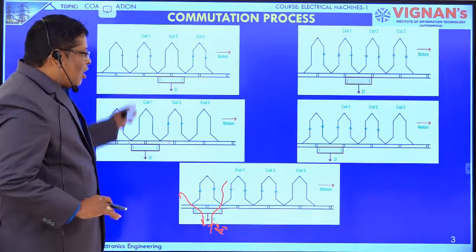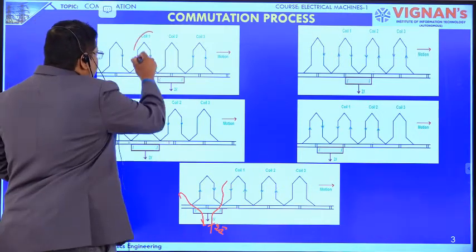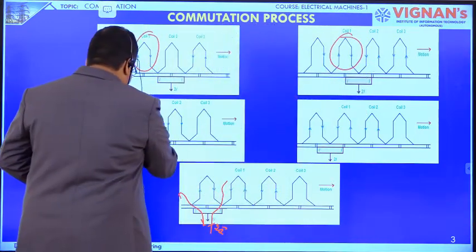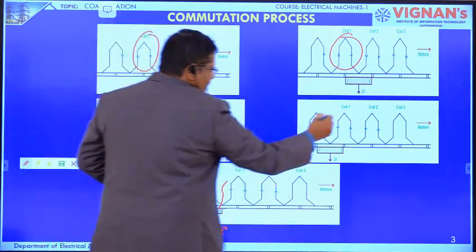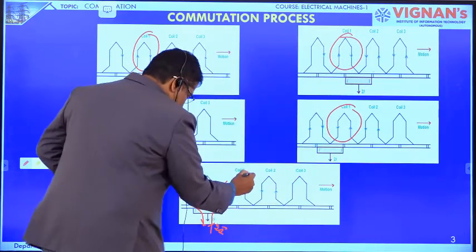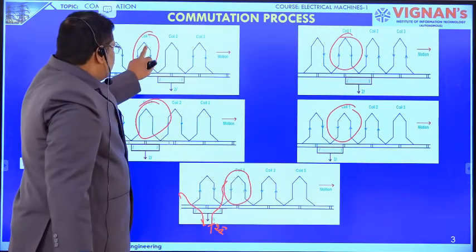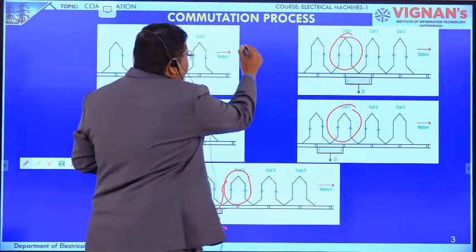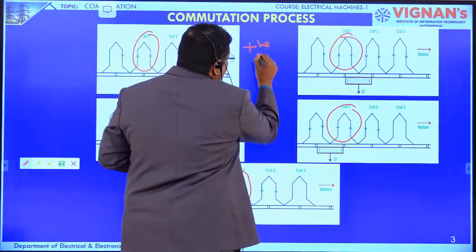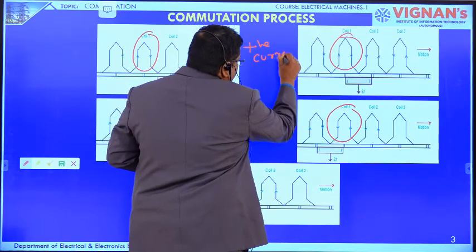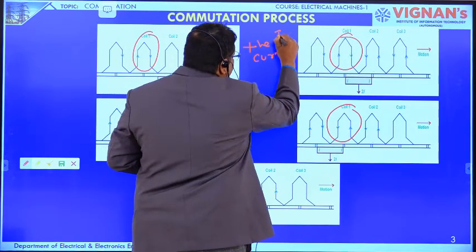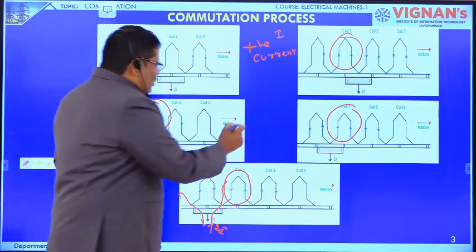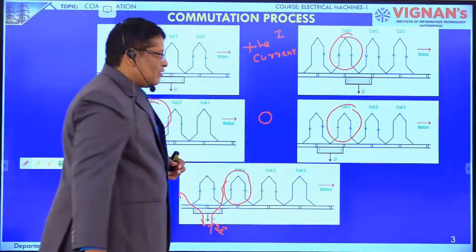If we observe all 5 cases in coil 1, in case 1 and case 2, it is carrying a positive current, that is I amperes. In case 3, coil 1 is carrying 0 amperes of current.